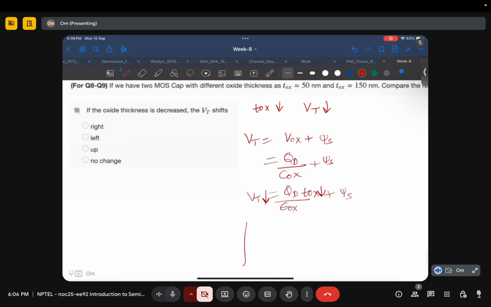So in the CV curve, this is one curve, and let's say it is Tox equals 50 nanometer.